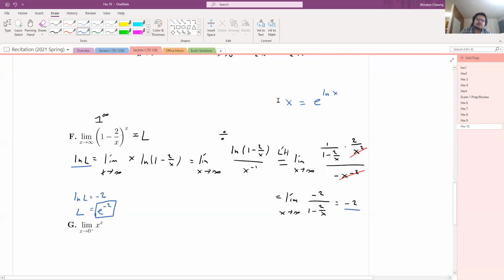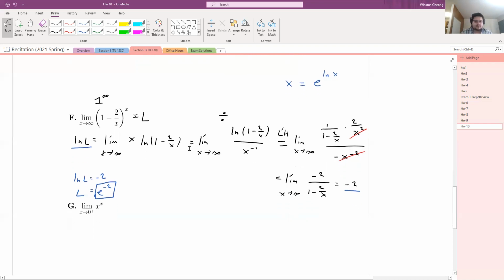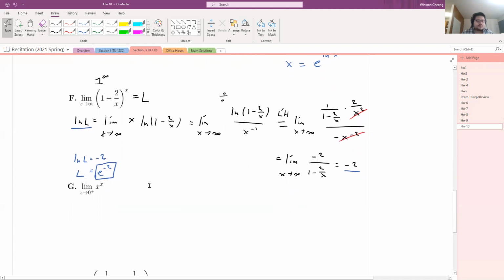It's a way of avoiding creating the variable L, but it forces you to introduce an exponential and a logarithm at the same time. Whereas here what we do is we just declare that we're going to take a logarithm and then exponentiate later. Like this is just trying to collapse these two things. I don't know, you may come across solutions that write things in this way. So I'm just trying to mention that.